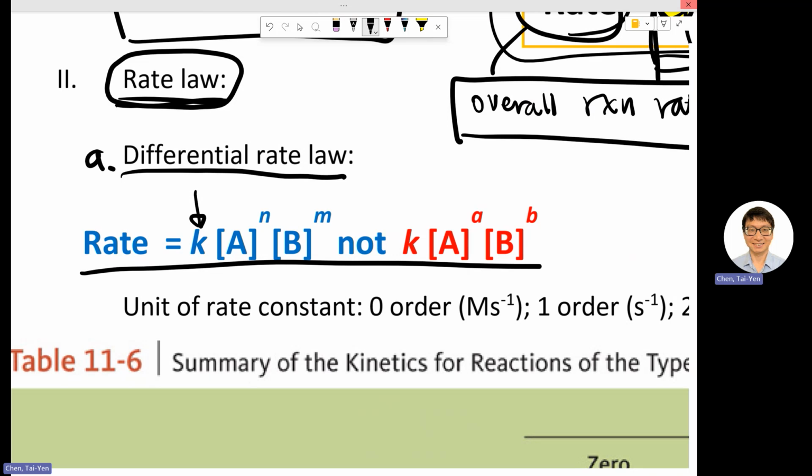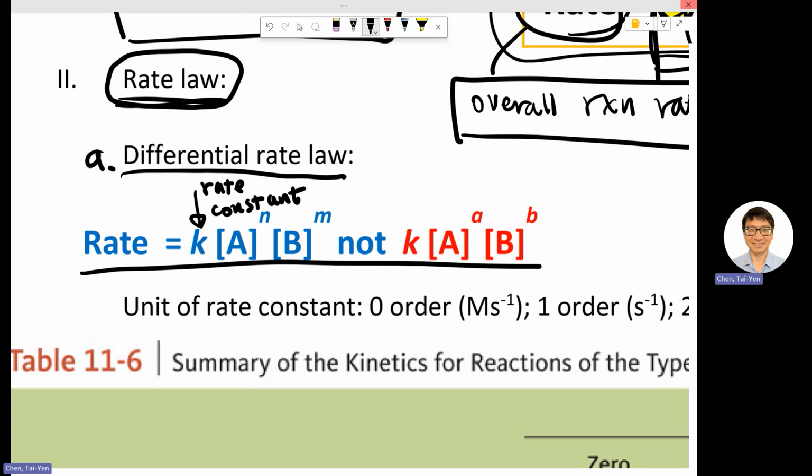This is the so-called rate constant, lowercase k. Multiply A and B. Not A, B, C, D. Just A and B. So what are A and B?